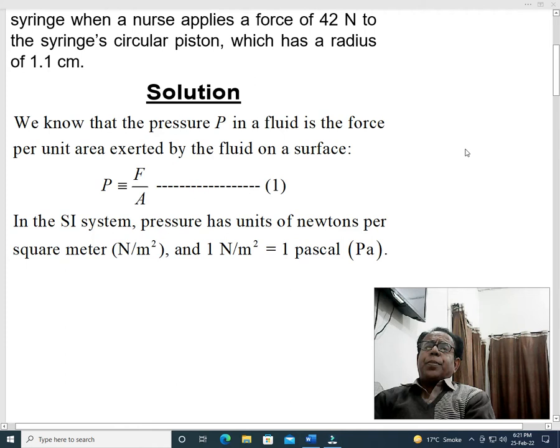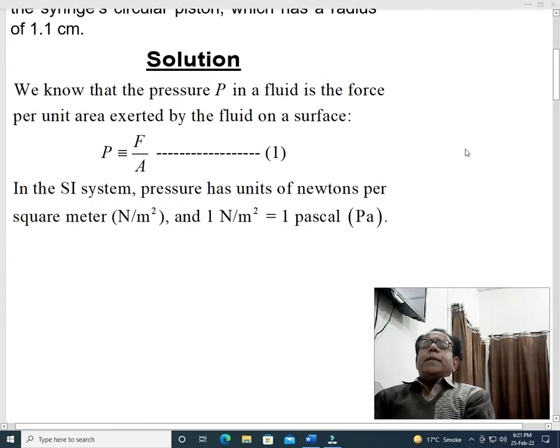Solution. We know that the pressure P in a fluid is the force per unit area exerted by the fluid on a surface. Pressure is defined as force over area. These three lines are read as "is defined as" or "is equivalent to".